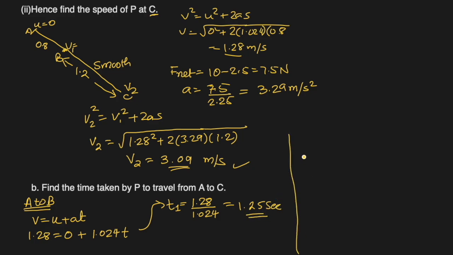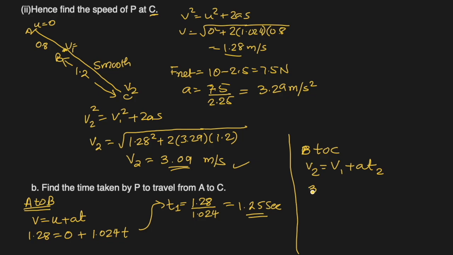All right. Now B to C. By the same method, V2 equal to V1 plus AT. Let's call it T2, okay? Because this is a different time. So V2 we got as 3.088, okay?